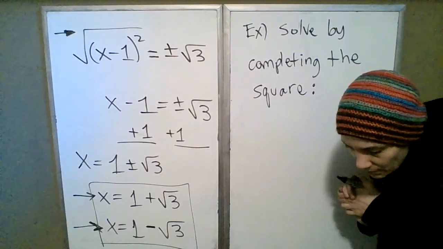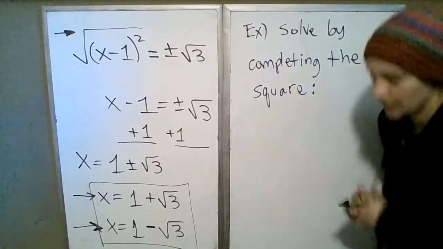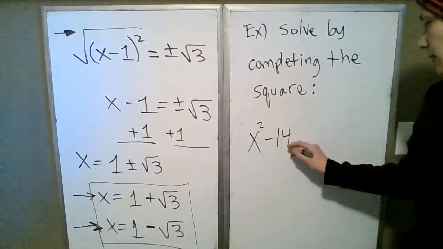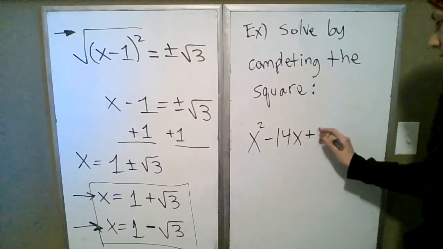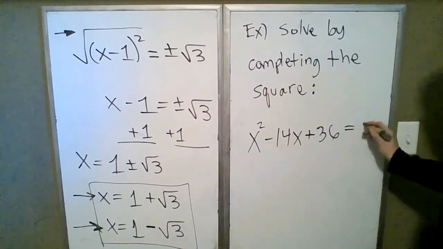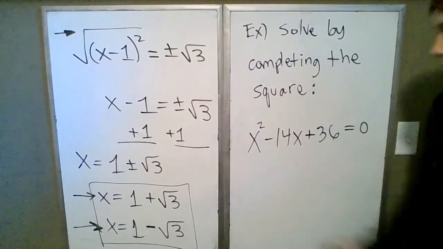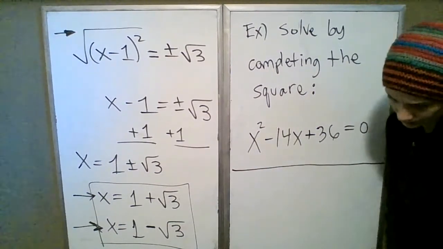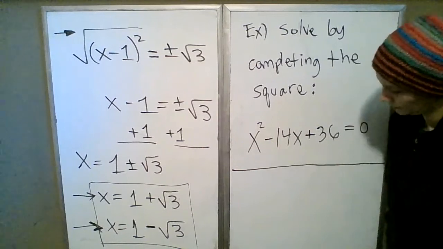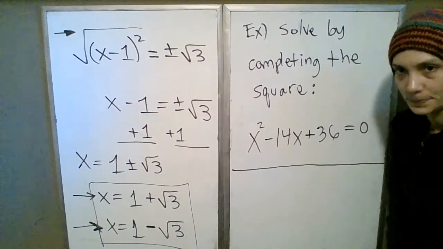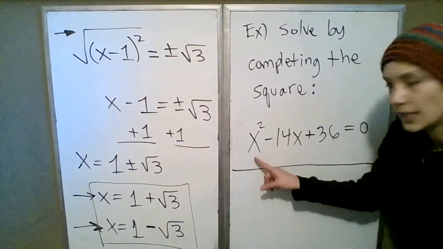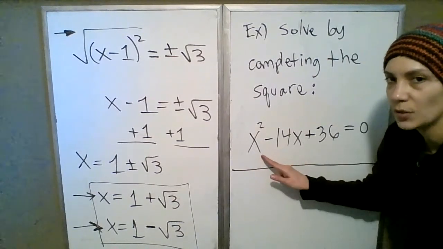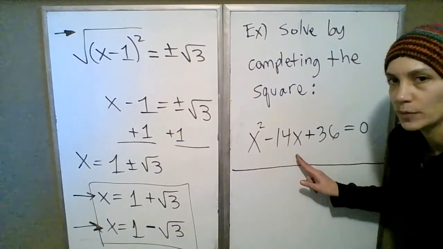x squared minus 14x plus 36 equal to 0. So it's the two terms that look like this, that variable squared and some number times the variable.